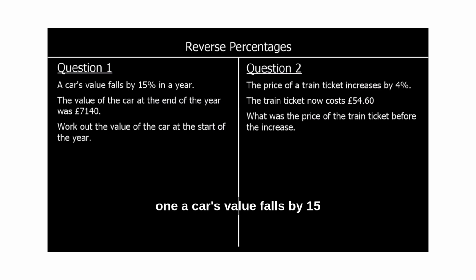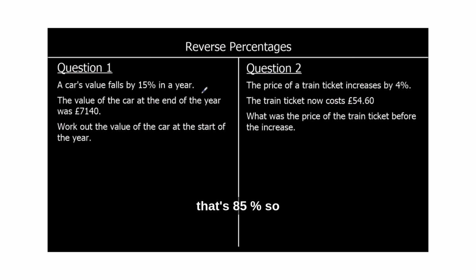Question 1. A car's value falls by 15% in a year. The value of the car at the end of the year was £7,140. Work out the value of the car at the start of the year. So it's gone down by 15%. So 100%, take off 15% is 85%.